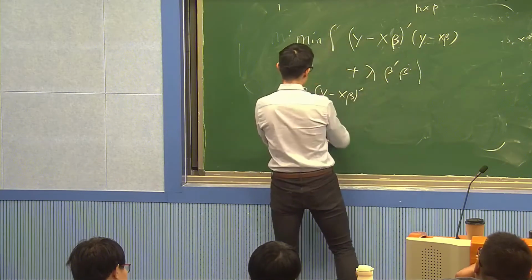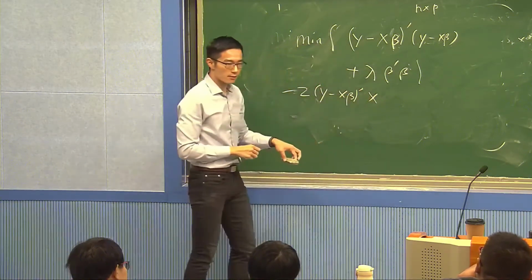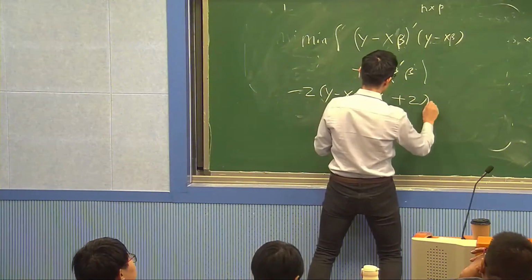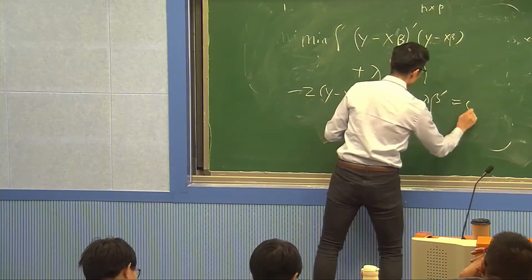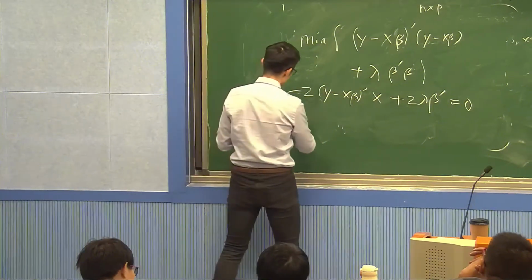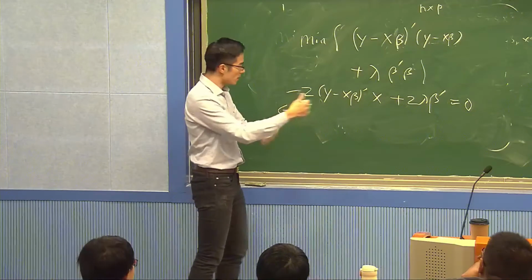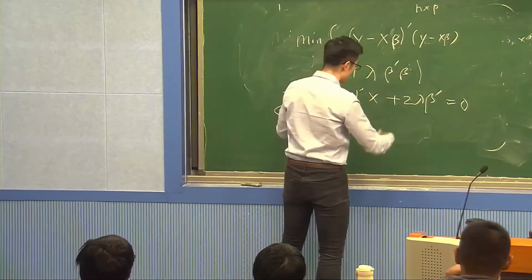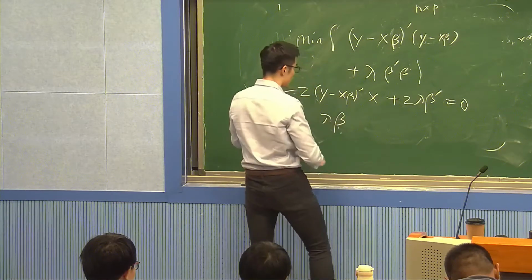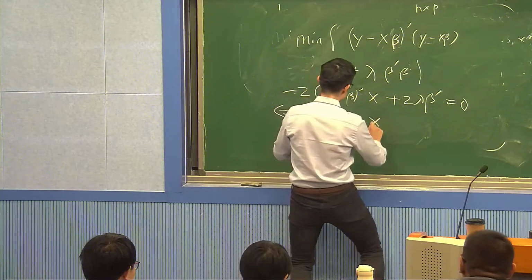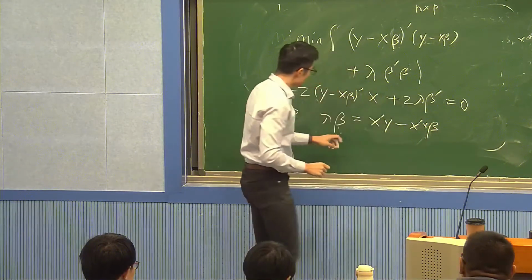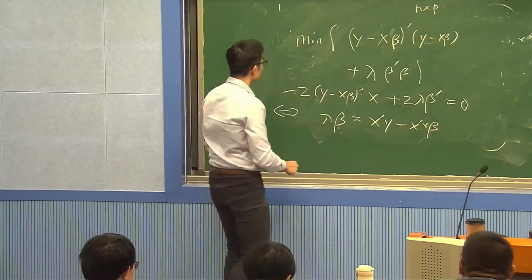Plus 2 lambda beta prime. I set it equal to 0. If you rearrange a little and get rid of the 2, what you get is lambda beta equals x prime y minus x prime x beta.